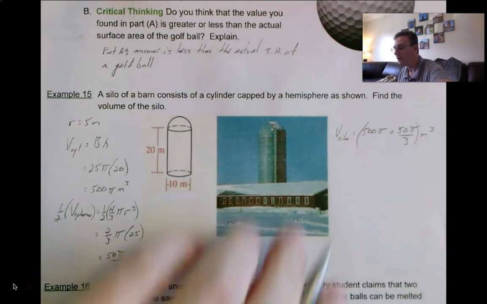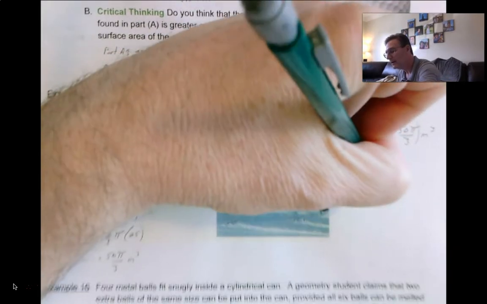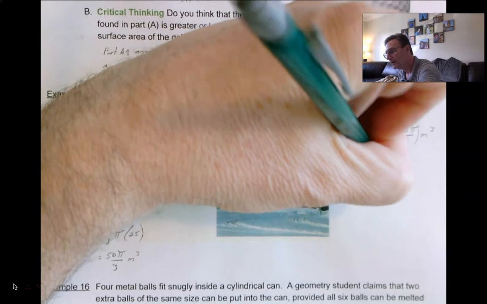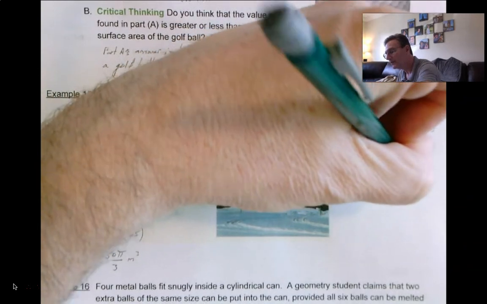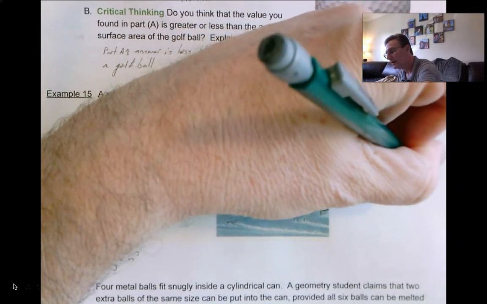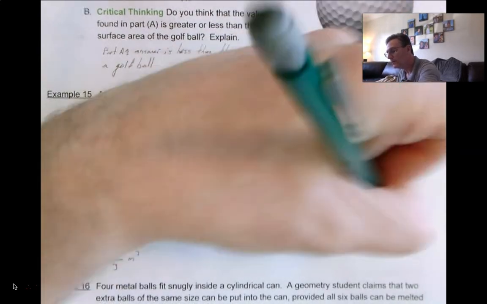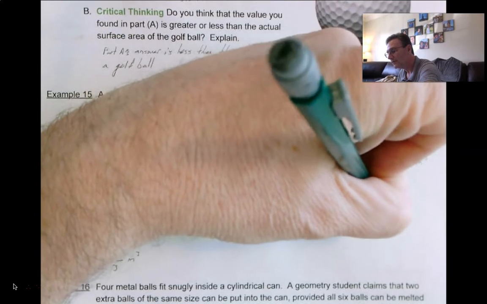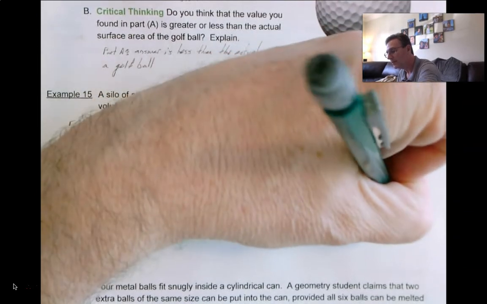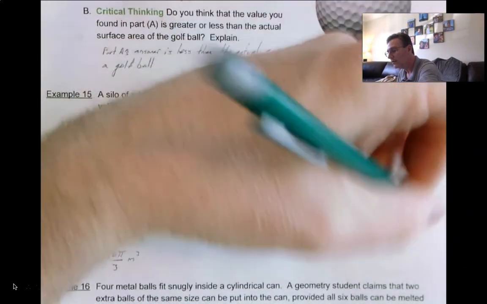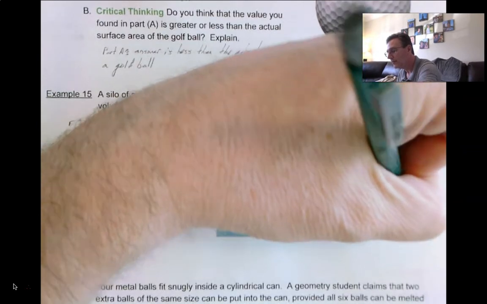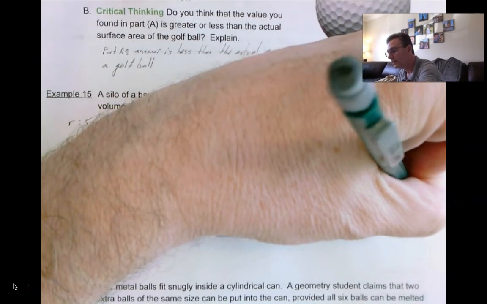And let's get a common denominator, so 1500 pi plus 50 pi over 3 meters cubed, or 1550 pi over 3 meters cubed.